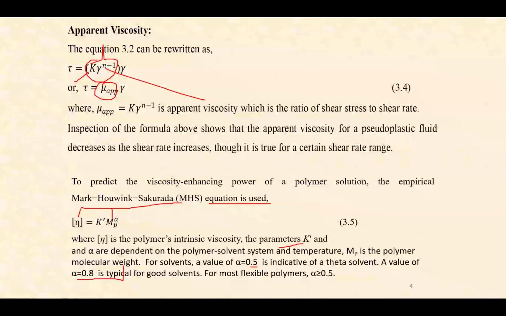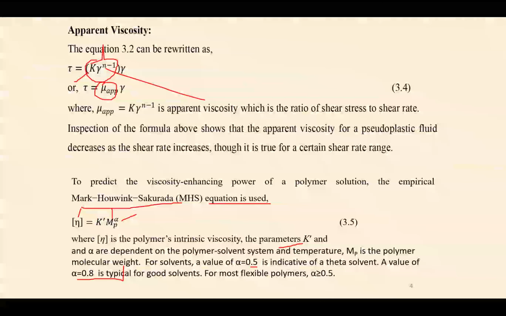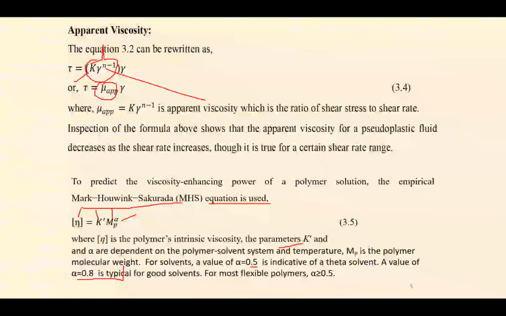And the k dash value is also known if we perform some experimental studies with a known polymer with a known molecular weight, and measure their viscosity, we will get the value of k dash. Then if k dash and alpha are known, and you develop or synthesize a certain molecular weight, you can get their viscosity.